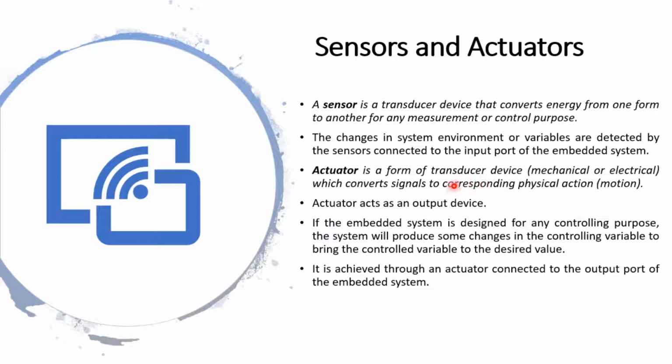Okay, so here also it will convert a signal to corresponding physical action. That's very important. Here a sensor converts energy from one form to another form, and basically this energy will be in electronic form. But when you come to an actuator, usually the output form can be a signal also, but in most of the applications it is going to be in a physical action form. So always actuator will be acting as an output device.